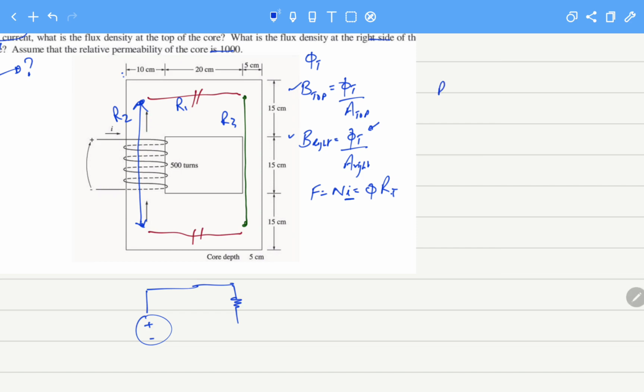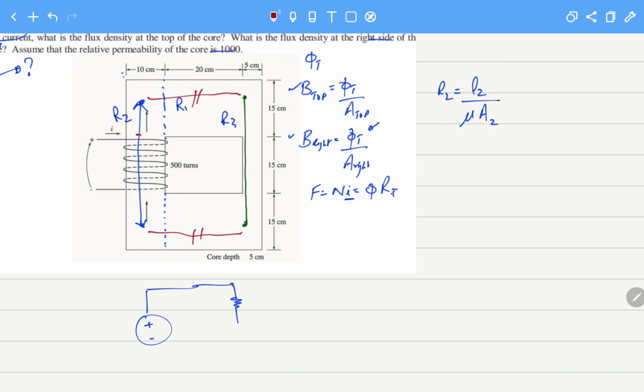So for R2, we can see that it is equal to L2 divided by mu times the area of the left side, A2. So what will this become? What will be the area of this side? Let's first calculate the mean path length.